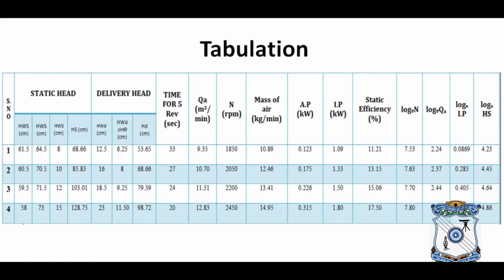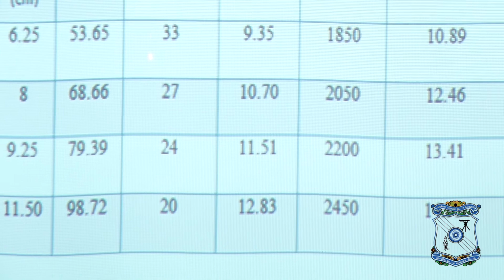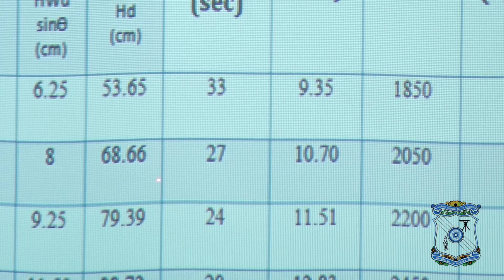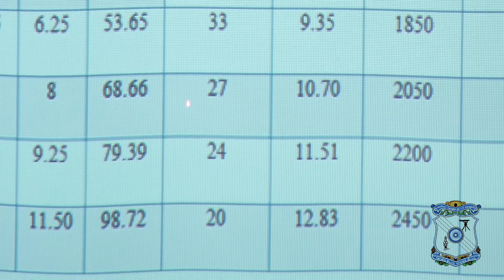Then the energy meter reading: from the energy meter, for 5 revolutions, we have found out the time, for various speeds from 1850 to 2450. We have found out how the energy meter rotates. For 5 revolutions, the time taken has been measured. With that, we are going to find the other performance parameters.